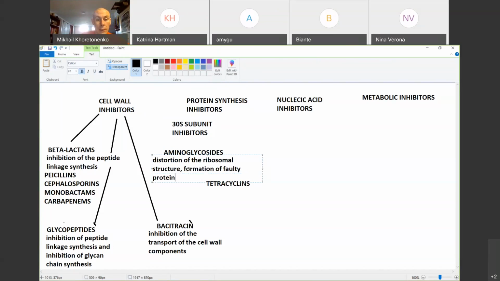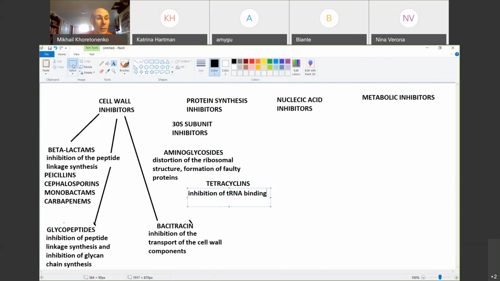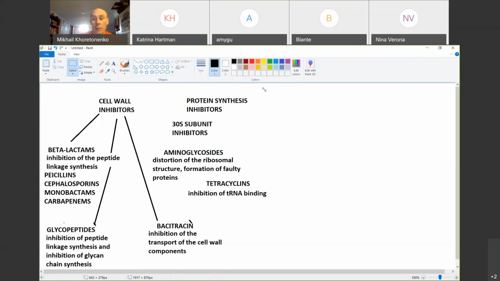For tetracyclines, inhibition of tRNA binding. Okay. So far, does that make sense, folks? Tell me. Okay. Well, I guess that makes sense then. I mean, really, because I cannot see your faces, your cameras are off.